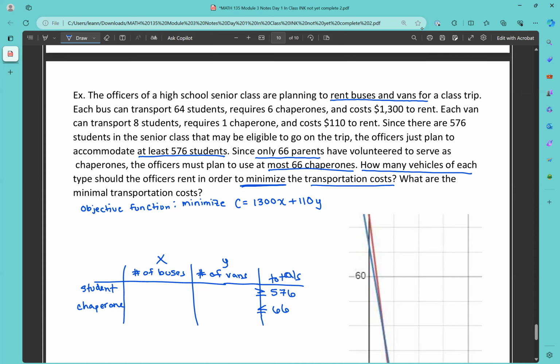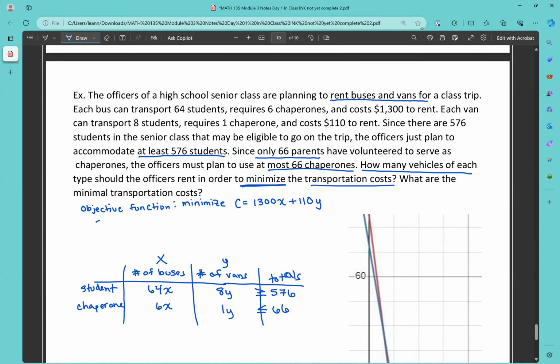Now we can go back and look at the individual things. So the bus can transport 64 students. So that would be 64x, and it would do 6 chaperones. So 6x for that. The vans can do 8 students, so 8 per van, so that's 8y, and 1 chaperone per van.